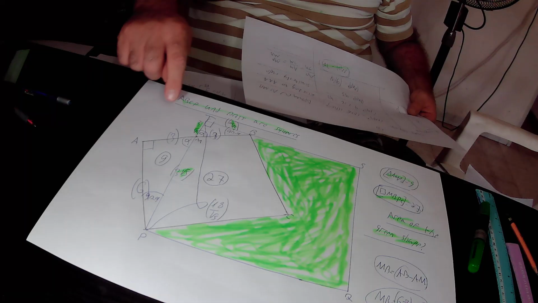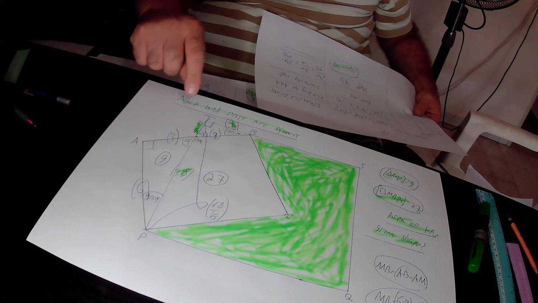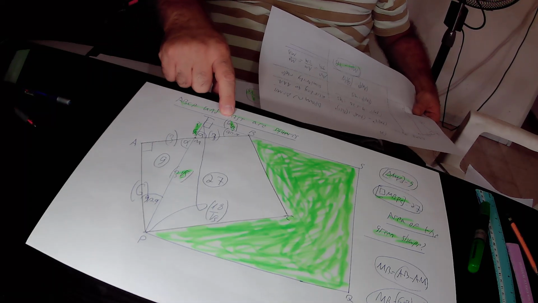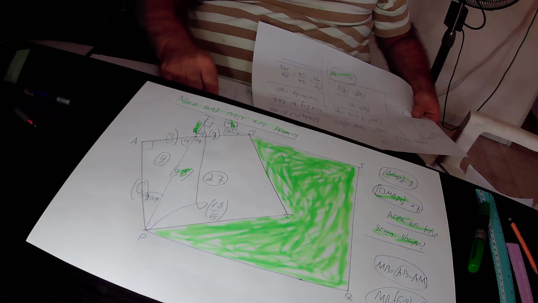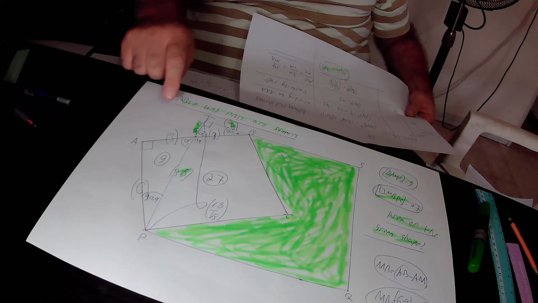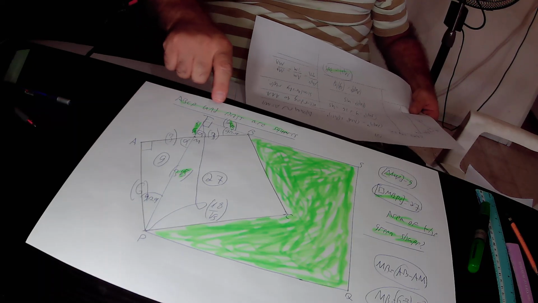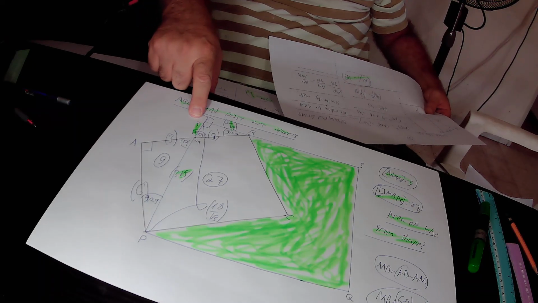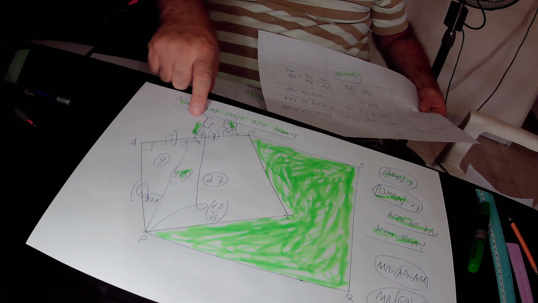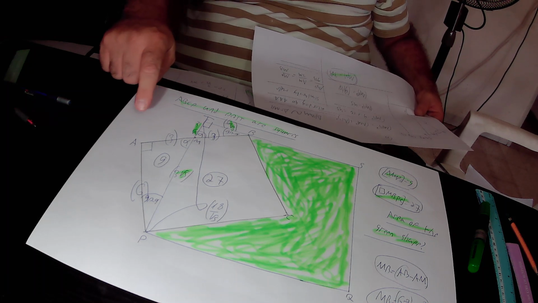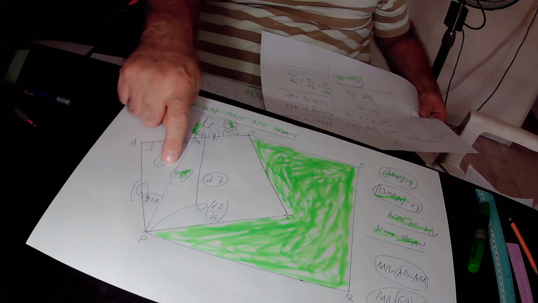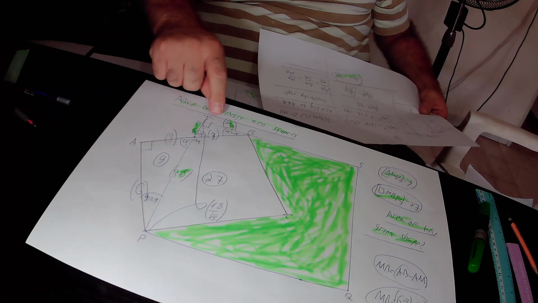AP is 6 over TB. TB is the missing side of verticity, and it is equal to AM. AM is 3 over TM. TM is the missing side of verticity, and it is also equal to MP. MP is 3 over square root of 5 over MB. MB is 3.